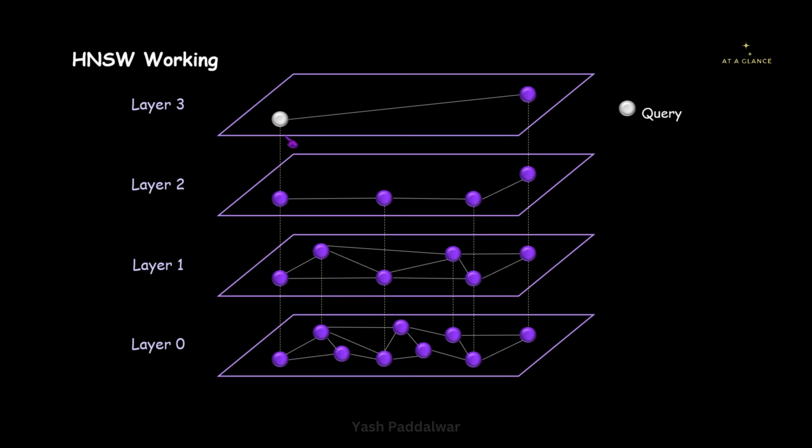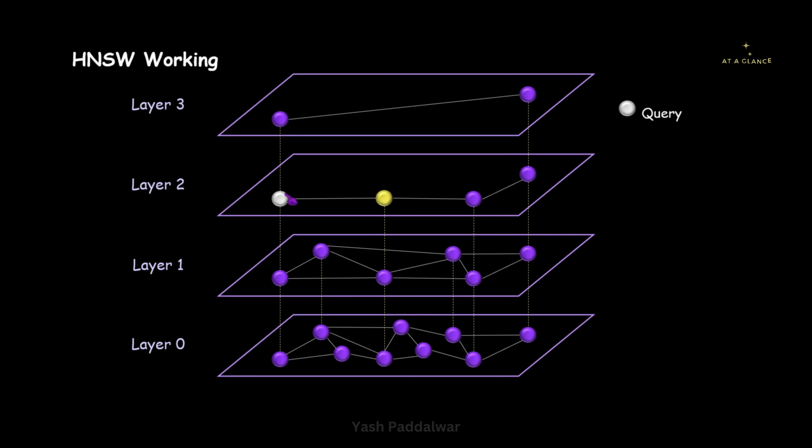That is, we'll now shift from layer 3 to layer 2. So this is now going to be the current node. Now in this particular layer 2, we have to find out the neighboring nodes. For this current node, we have only one neighboring node. So let's highlight this. We'll compute the similarity between the current node and the query vector and this neighboring node with the query vector. Whichever similarity is greater, we'll name that node as the current node.